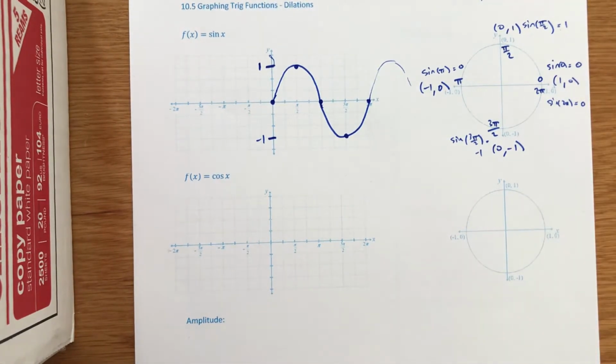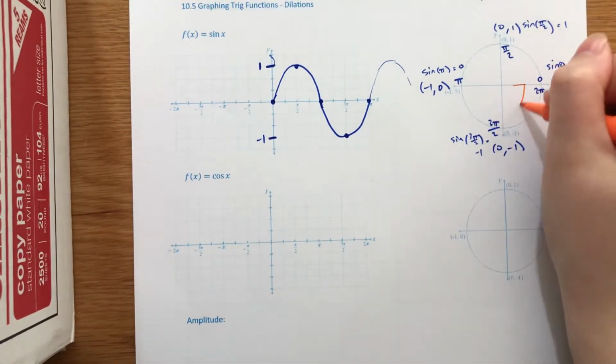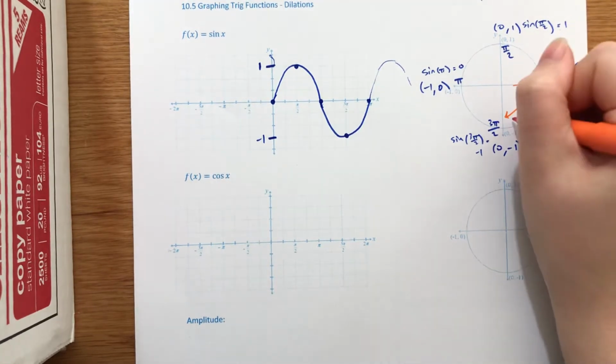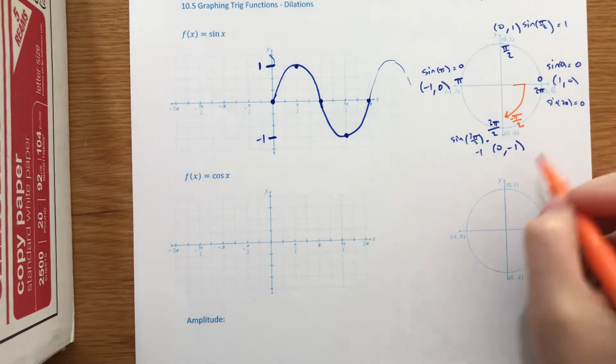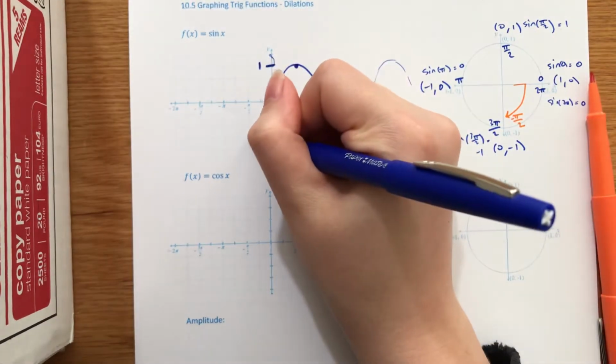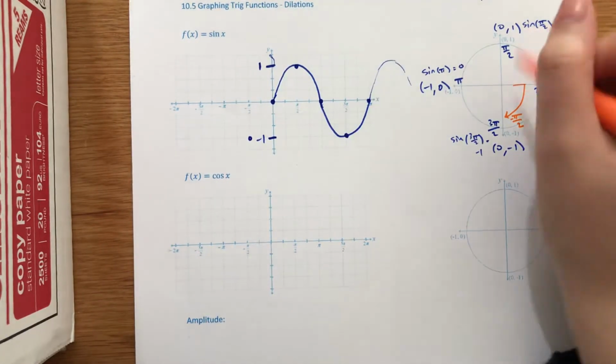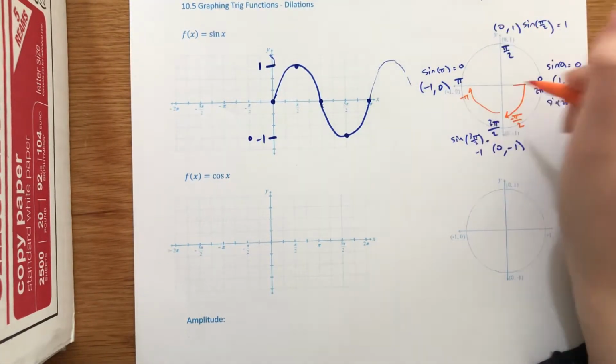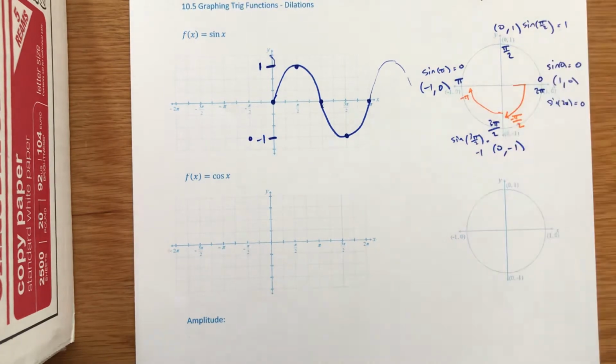If we started at 0 and worked backwards, this is negative pi over 2. So sine of negative pi over 2 would be negative 1. Sine of negative pi, if we kept going, would be 0.